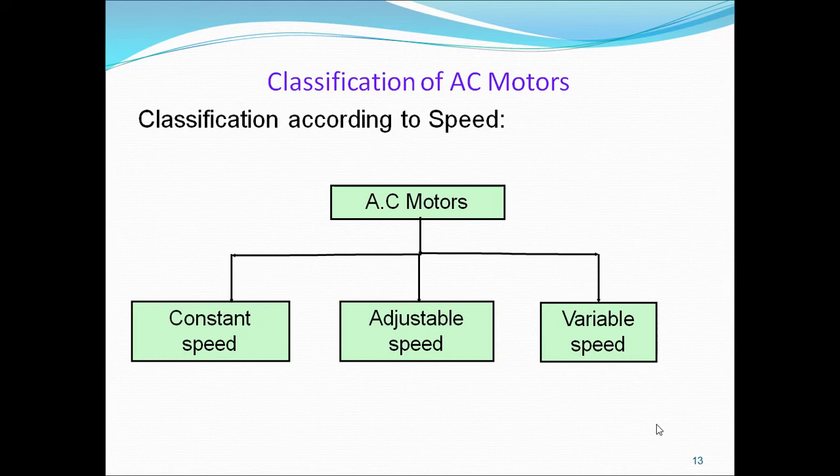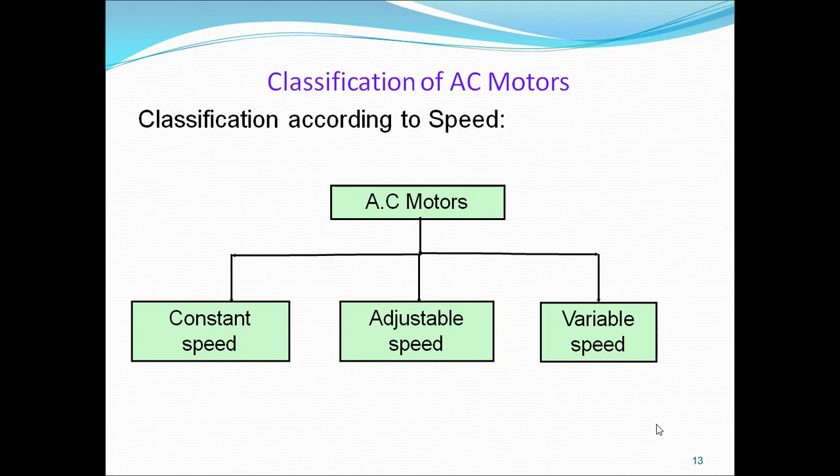Speed depends on the number of poles and the frequency. In India, the frequency is constant, it is 50 hertz. Constant speed means the rated speed for which we have designed; at that speed only it will rotate.